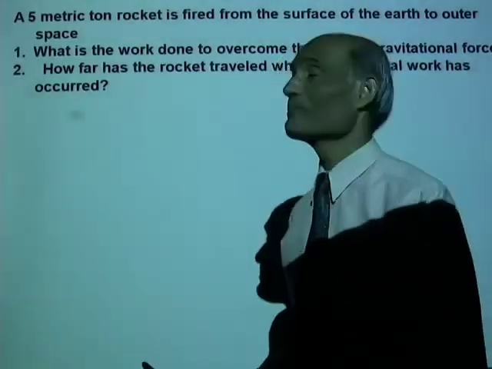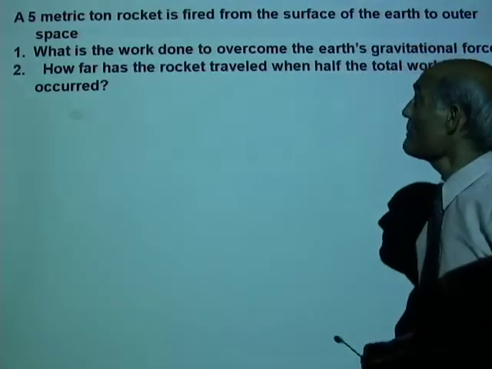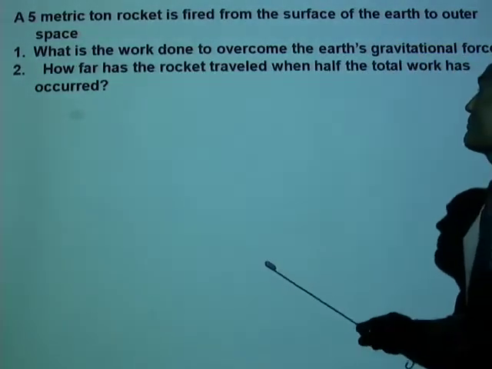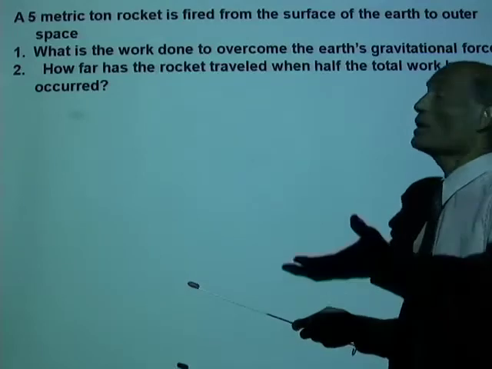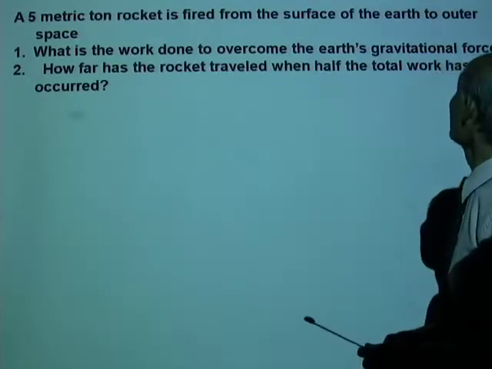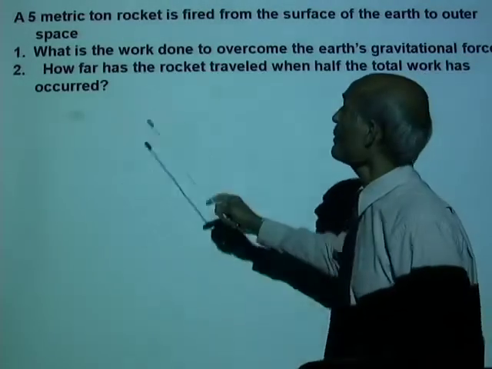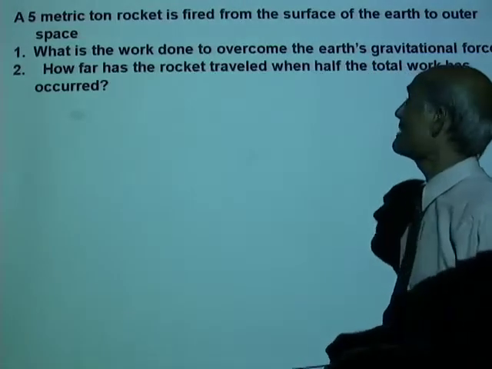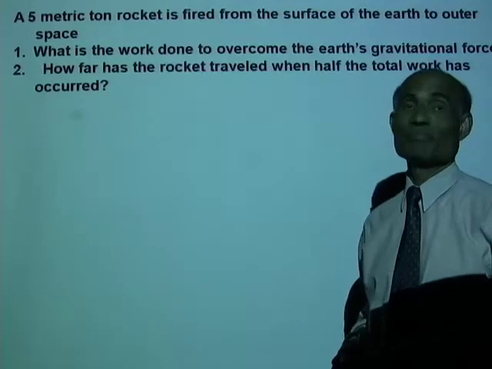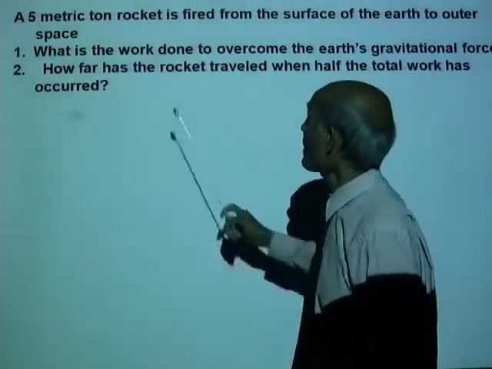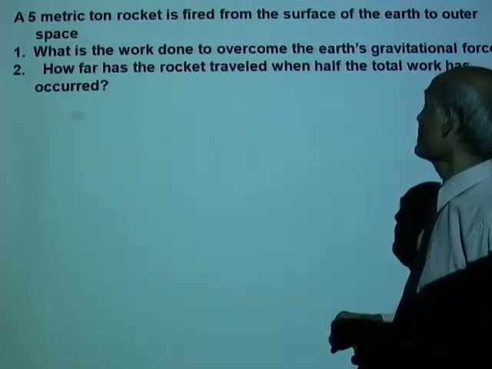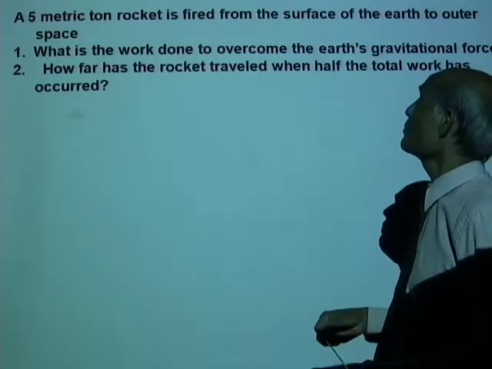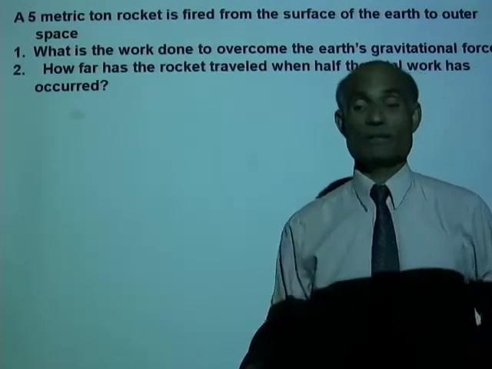Let's do another one. A 5 metric ton rocket is fired from the surface of the Earth to outer space. What is the work done to overcome the Earth's gravitational force? Now, how far has the rocket traveled when half the total work has occurred?